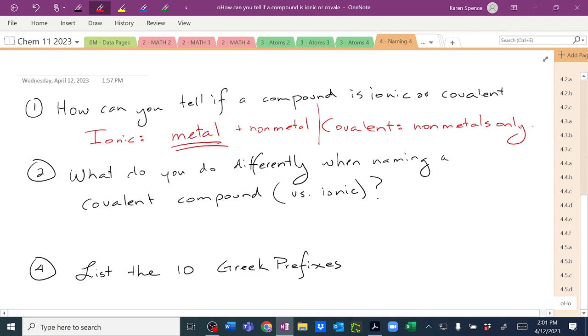What do you do differently when you are naming a covalent compound as opposed to the ones we just did, which were ionic? We do an ide for these ones as well, right? Sodium chloride. Yes.